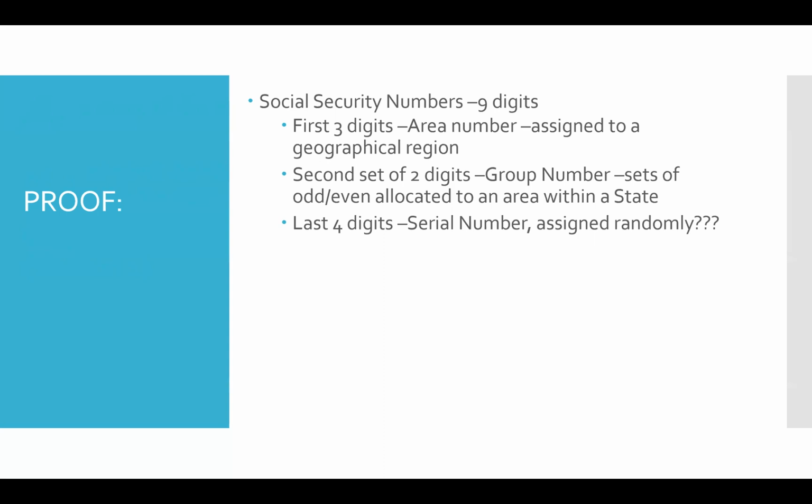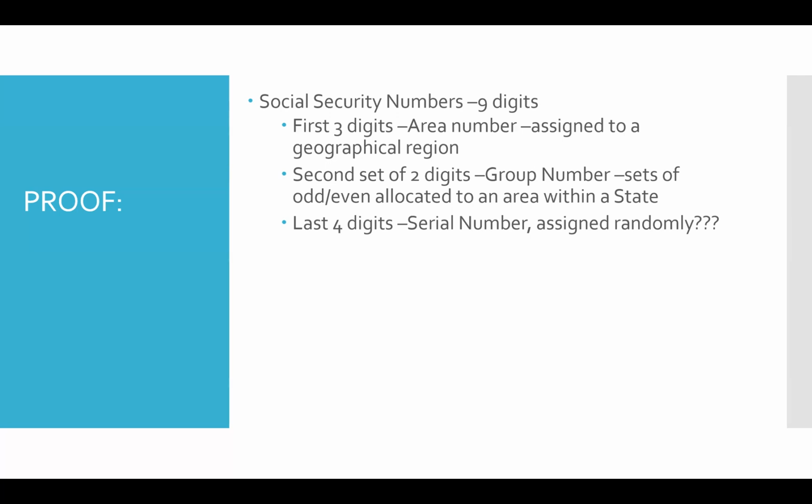The first 3 digits are what they call an area number, and it's assigned to a geographical region. So, you know, the South has an area number, the Northeast has an area number, the Midwest may have an area number. So the first 3 digits are based on the area of the United States in which you were born.